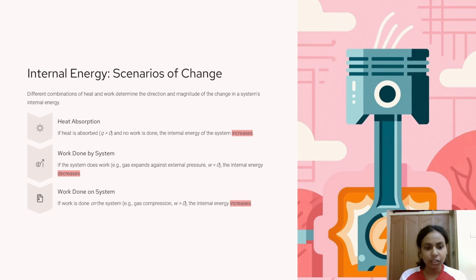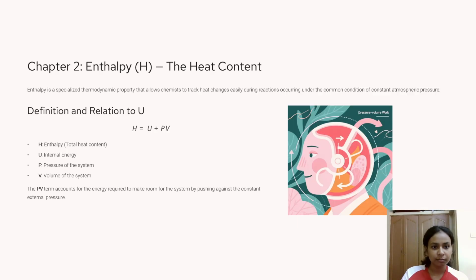Work done on the system: if some kind of work is done on the system, like increasing temperature in a piston cylinder, that increases the kinetic energy of molecules in the gas under the piston. So in that case the internal energy again increases.